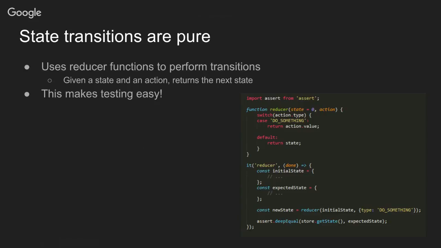Then the state transitions are pure. I'll get a bit more into this later, but the big thing you provide when you set up your Redux store is a reducer function. It takes in the current state, which can have a default value, and an action, which is just an object which tells it what to do. If it has nothing to do with that action, it'll just return the exact same state.